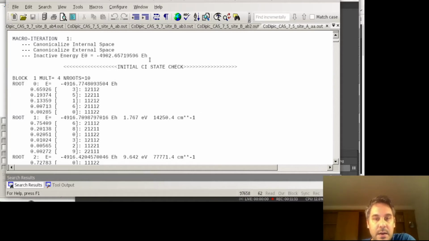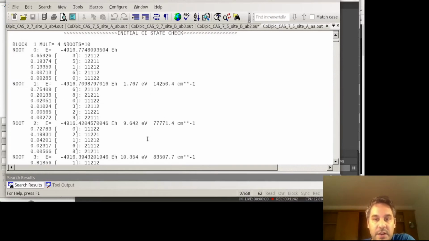And the configuration interaction matrix is diagonalized previously to optimization of the orbitals. So this gives a set of energies, and I have different configurations with different energies, composed by these occupation numbers. I'm going to explain this a little bit better when we look at the orbitals.